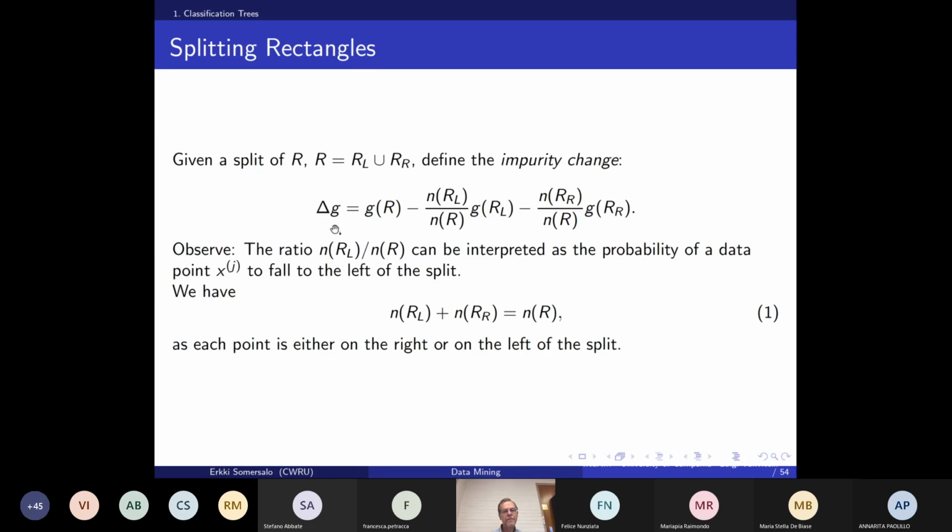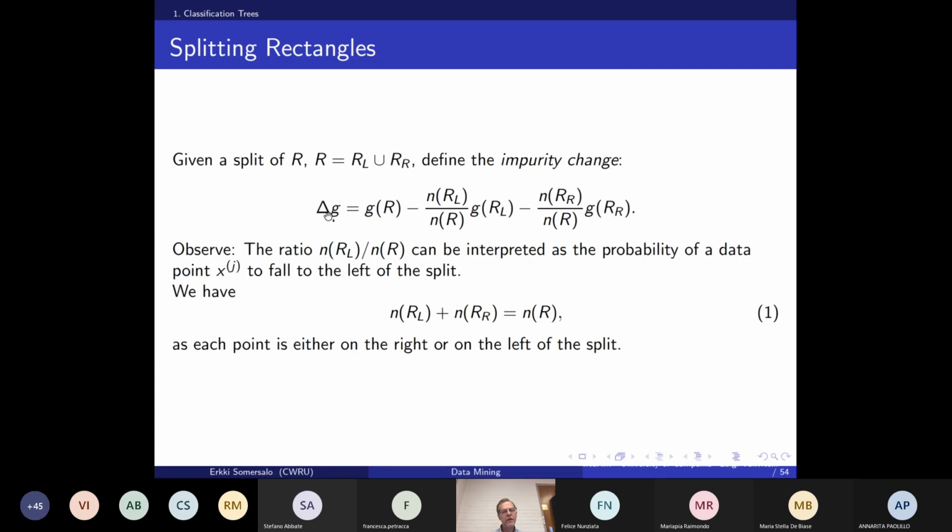G is, remember, the Gini index, and so I can calculate the Gini index for the original rectangle, and I can calculate the Gini index for the left rectangle and the right rectangle. And so those values are GR, GRL, and GRR. So I have these three impurity measures for those three rectangles.